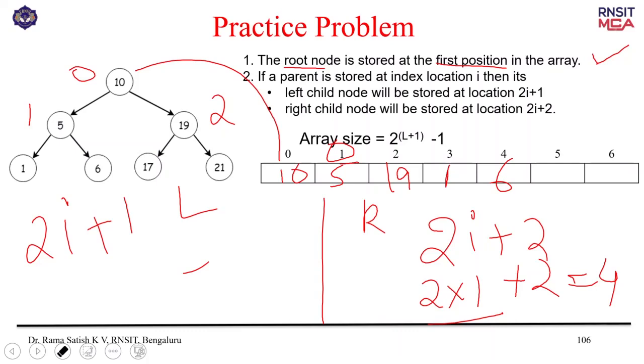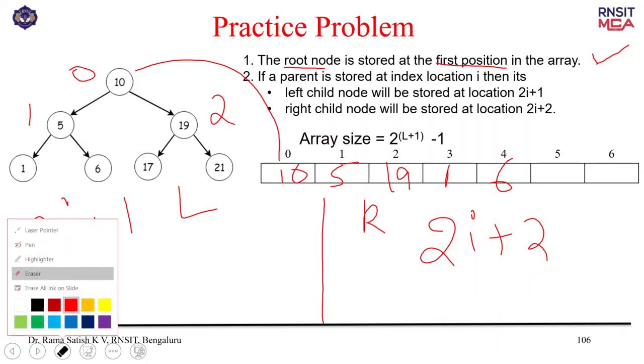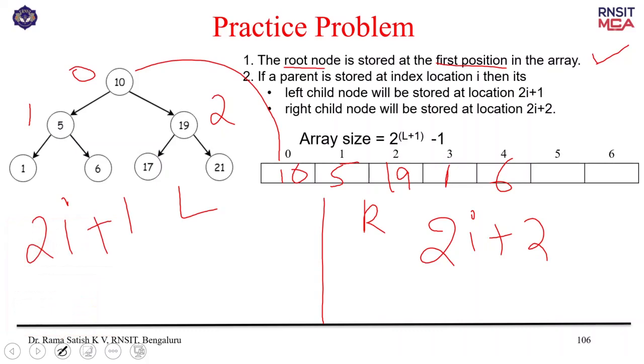And now the next element. Next element is 17, and if I want to store 17, you have to check whether it is a left element or right element. It's a left element. Since it is a left element, you have to follow this formula, 2i plus 1.